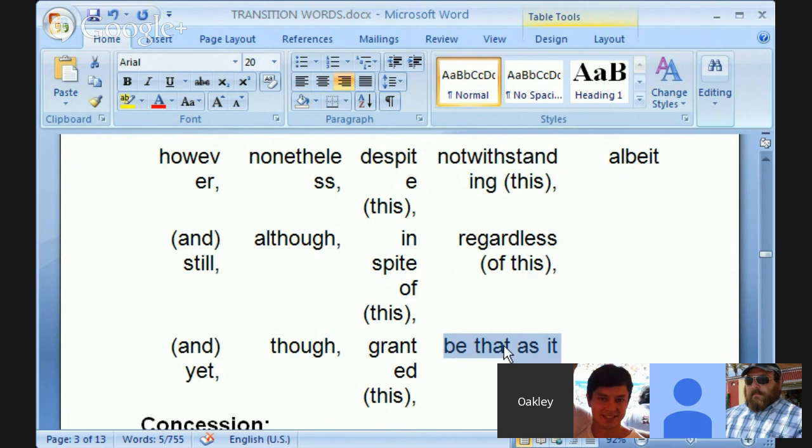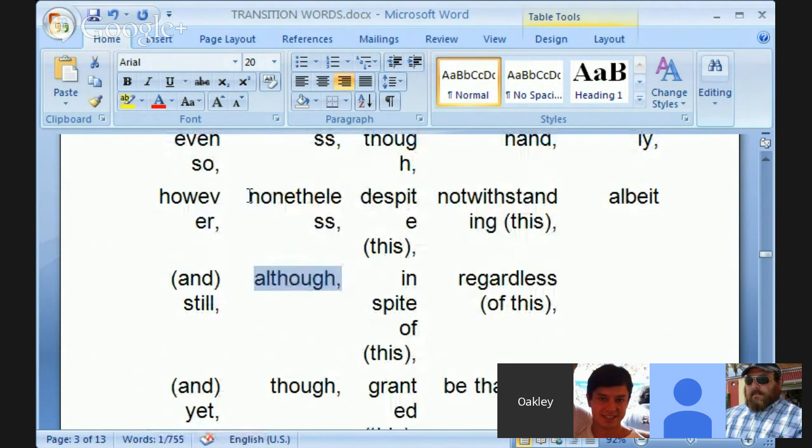Be that as it may, I don't like to gamble my money away. Some of these phrases come at the beginning: granted, casinos are fun, or though, or although casinos are fun. And then you might combine them: although casinos are fun, nonetheless, I don't want to waste my money gambling.